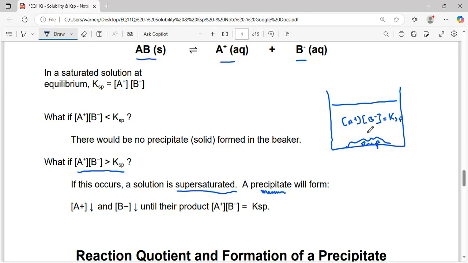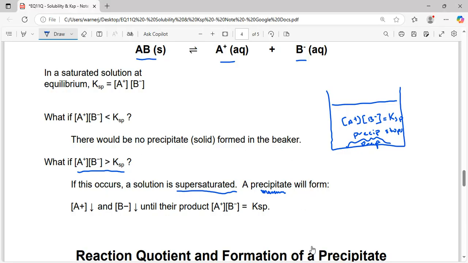Then we stop precipitating. So in that scenario, precipitation would stop, and we won't see any more solid form. But once we're above it, precipitation would only occur when the product of those ion concentrations is greater than KSP.